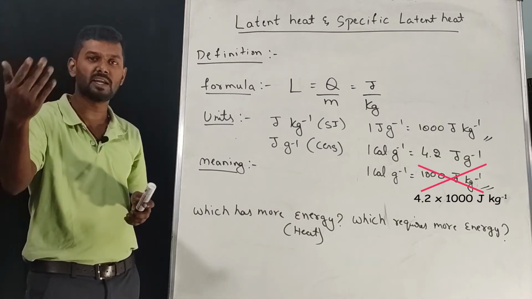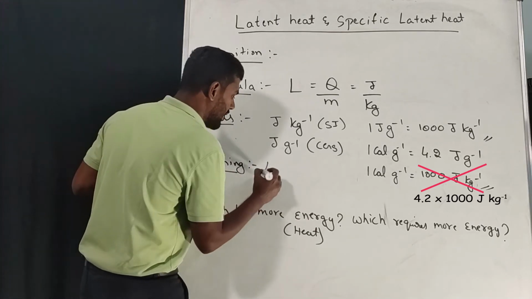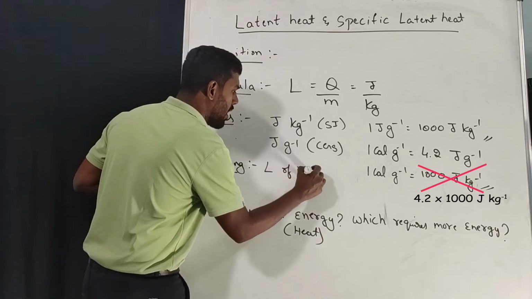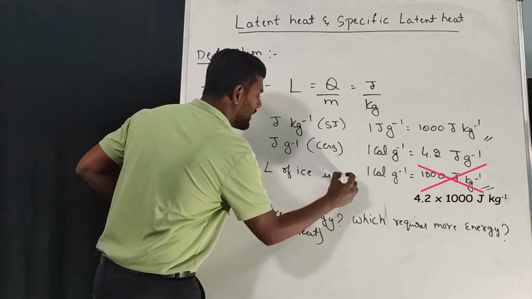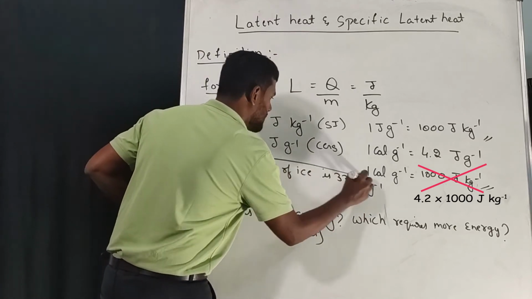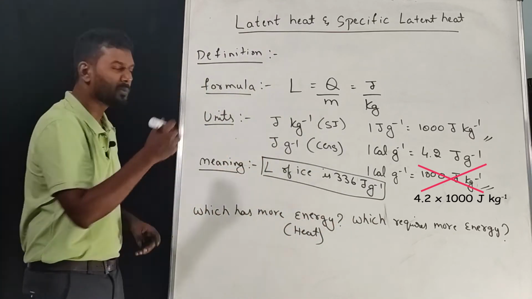So specific latent heat of ice is 336 joules per gram. Okay, this is the statement. What do you mean by this?